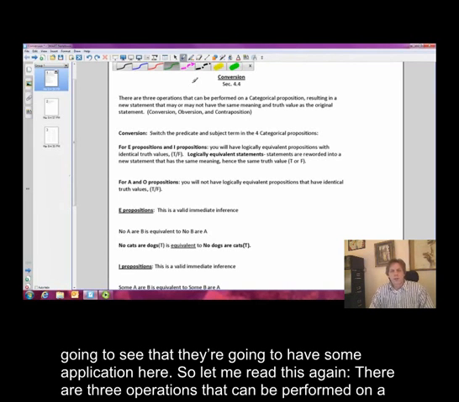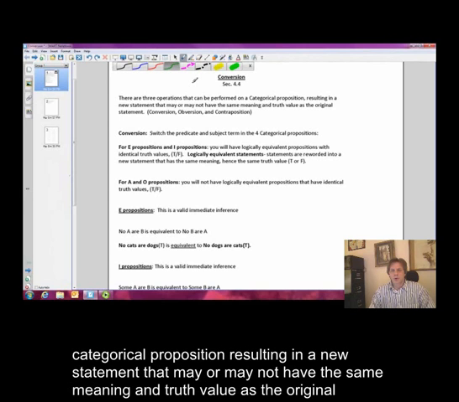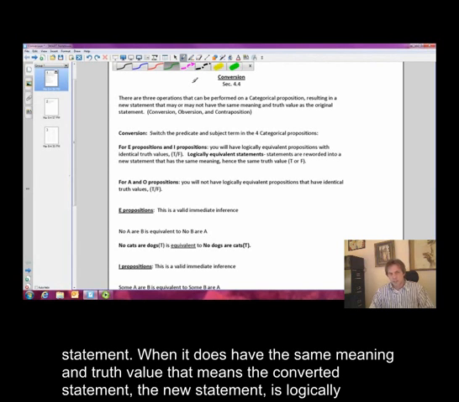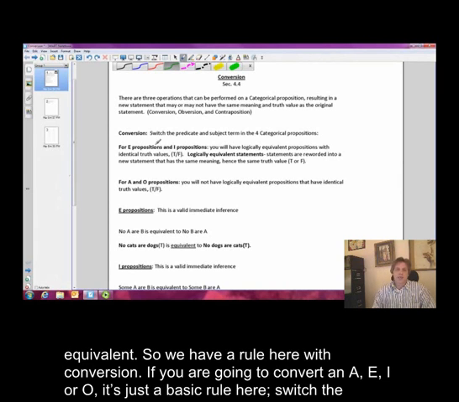There are three operations that can be performed on a categorical proposition, resulting in a new statement that may or may not have the same meaning and truth value as the original statement. When it does, that means the new statement is logically equivalent.